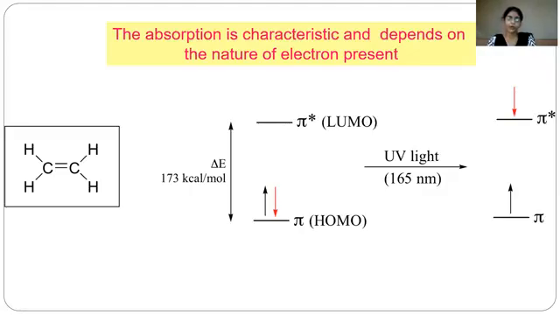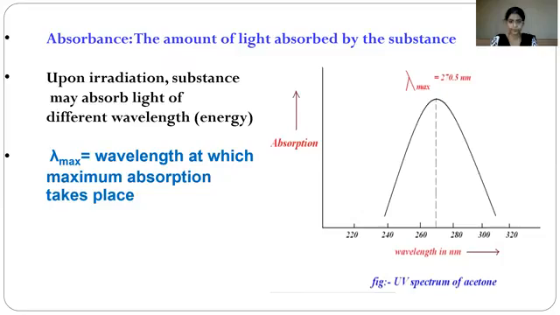In case a molecule has more than one lower energy orbital or more than one corresponding high energy orbital, it must be remembered that the most probable transition will be HOMO to LUMO, from highest occupied molecular orbital to lowest unoccupied molecular orbital.